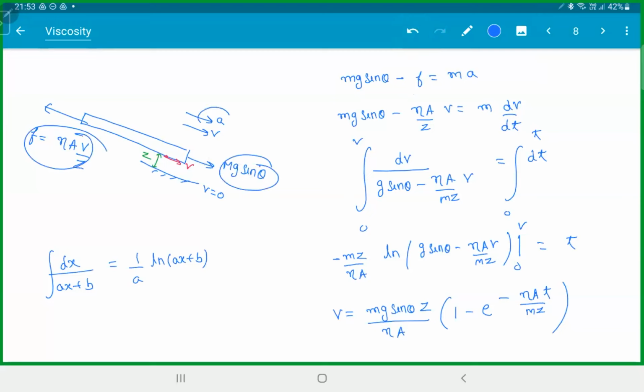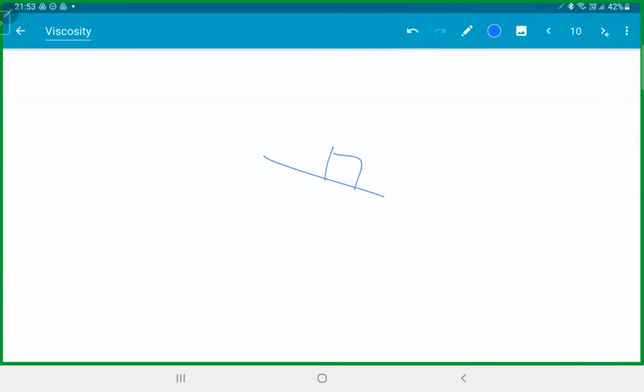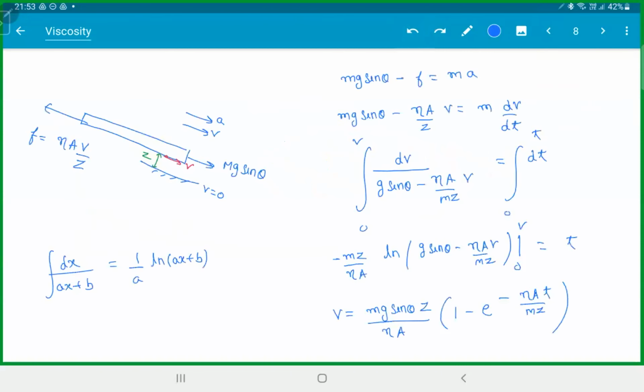Force is equal to mass into acceleration. If I keep a block here, and this is mg sinθ and friction, how will you find acceleration? mg sinθ minus friction is the net force in this direction. Net force is mass into acceleration. All clear with this? Please check.